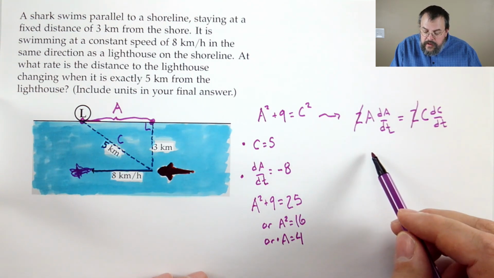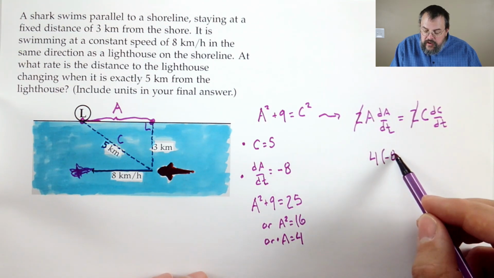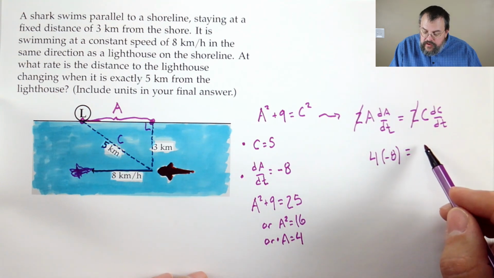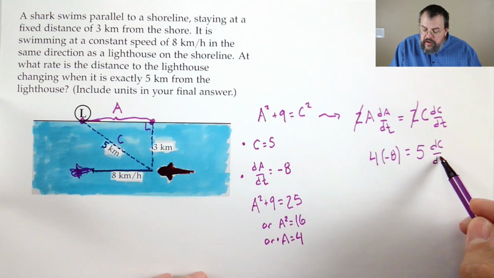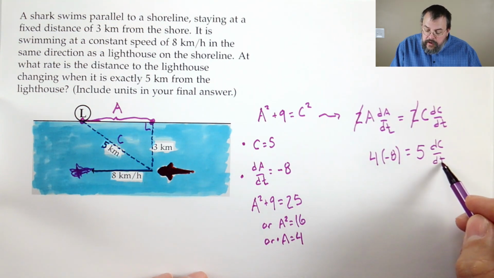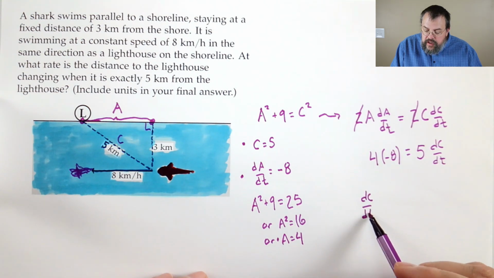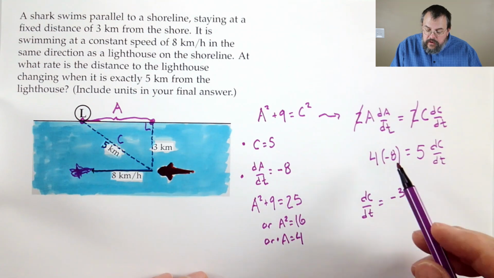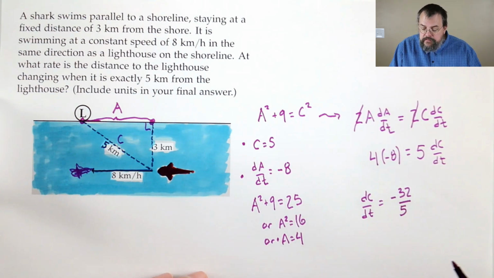A is 4, so 4 dA/dt, negative 8, is equal to C, which is 5, times dc/dt. All right, well, finally, dc/dt is negative 32, which is 4 times minus 8, divided by 5.